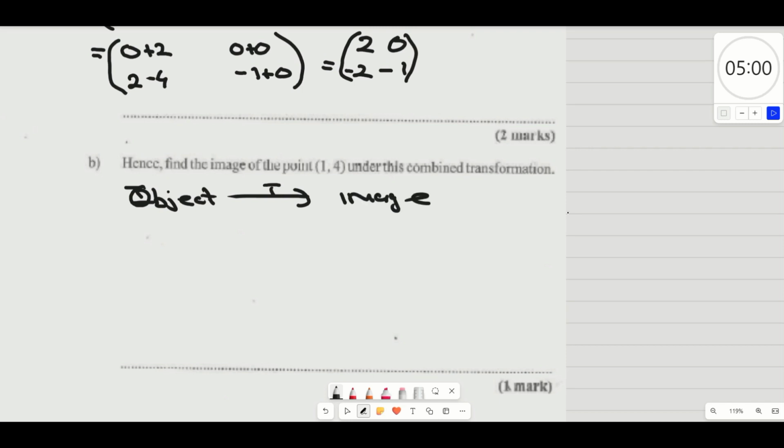We know we're dealing with matrices, so we'll put it as a column matrix, 1 on top, 4 at the bottom. So it's 1, 4 undergoing the transformation of 2, 0, minus 2, minus 1 to give you some image. We don't know what it is. I'll call it x, y because we want the coordinates.